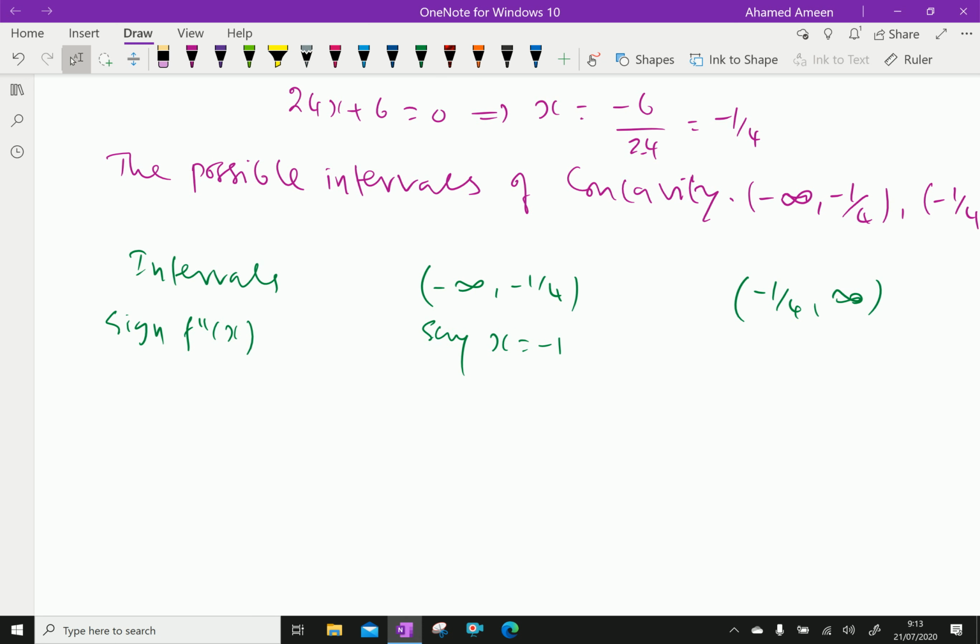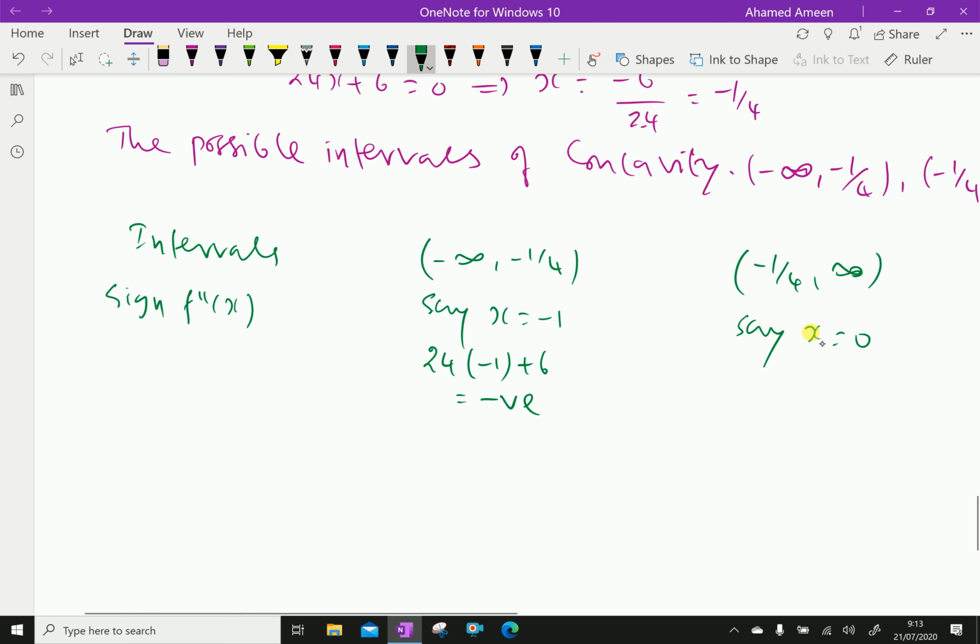We put the value in f double dash, that is 24x plus 6, 24 into minus 1 plus 6, which is negative. From minus quarter to infinity, let us take x equals 0. So we have 24 into 0 plus 6, which gives positive because plus 6 comes.